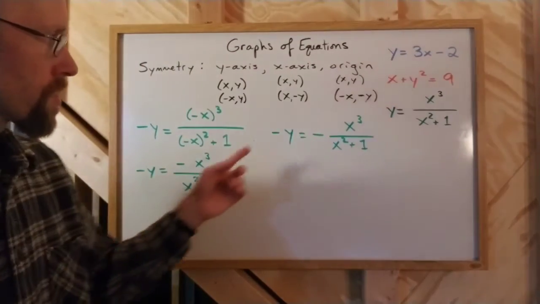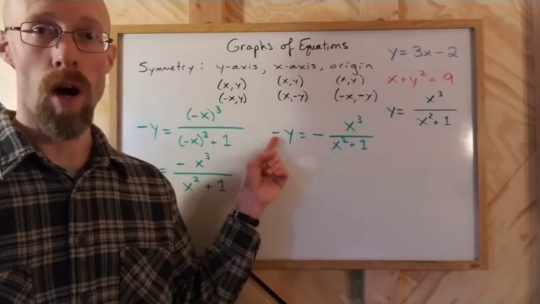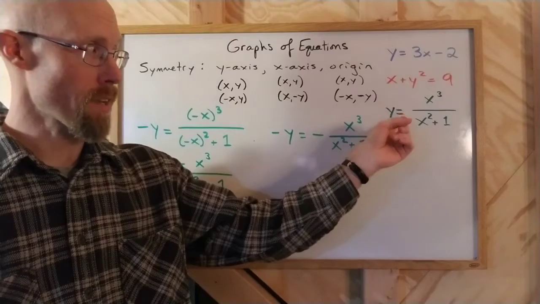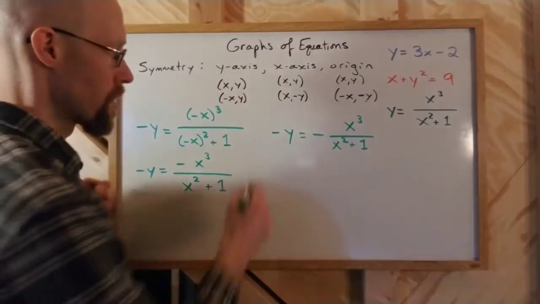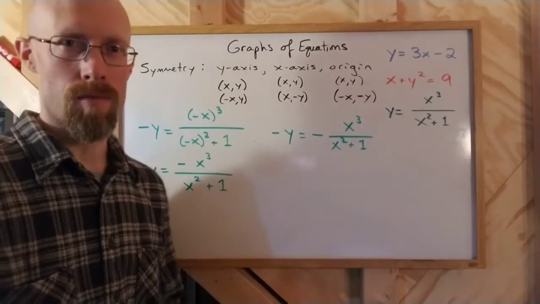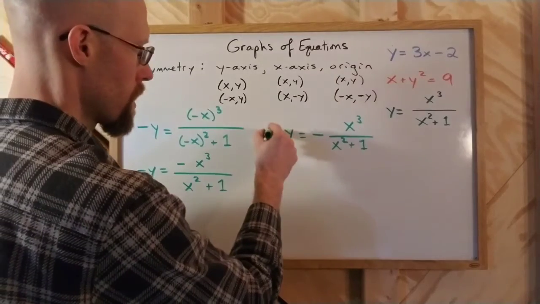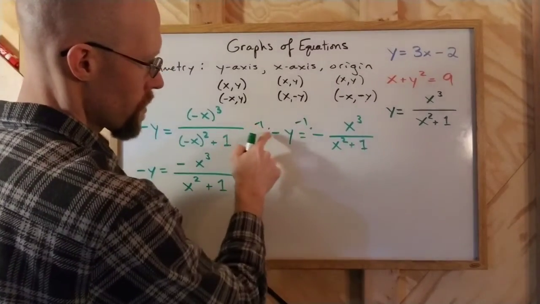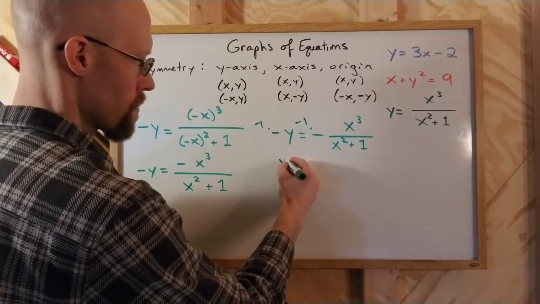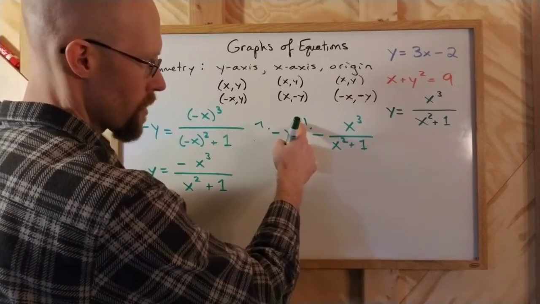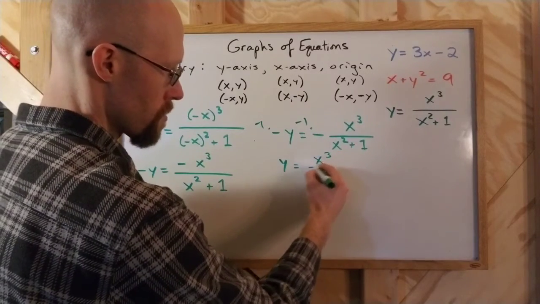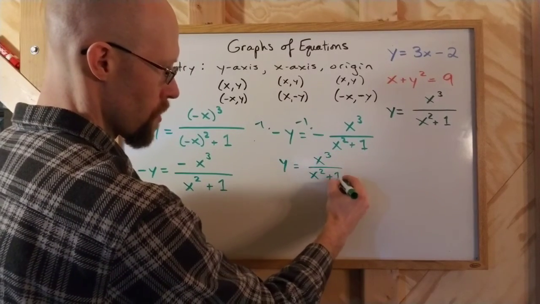Now if you notice here, I still have a negative on this y, so I'd want to multiply both sides by a negative 1 to get the y by itself. Right? Or you could divide both sides by negative 1, however you want to do that. I'm going to multiply. So multiply by negative 1 there, multiply by negative 1 there. Here, negative 1 times negative y is positive y. And here, the negative 1 times this negative is positive, and so I just get the original x cubed over x squared plus 1.